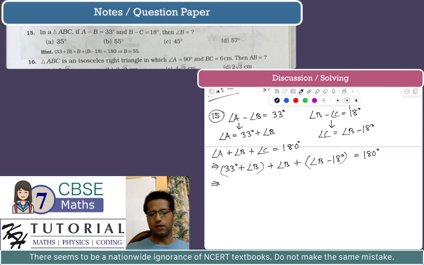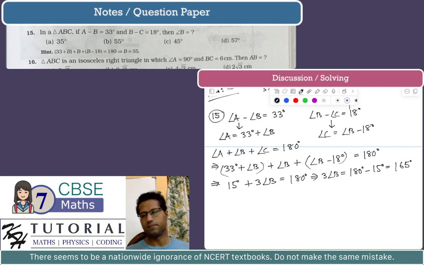Now if you simplify the left hand side, you will get 33 degree minus 18 degree is 15 degree, and we will have 3 times angle B is equal to 180 degree. So this implies 3 times angle B is equal to 180 degree minus 15 degree, which is equal to 165 degree.